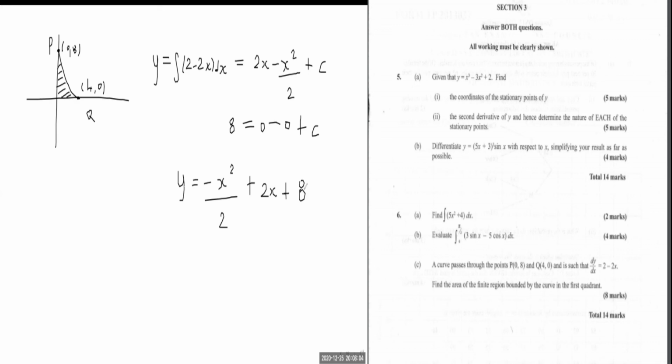Then it says find the area of the finite region bounded by the curve in the first quadrant. So the area is going to be equal to the integral of the curve from x being 0 to x being 4. What are we integrating?